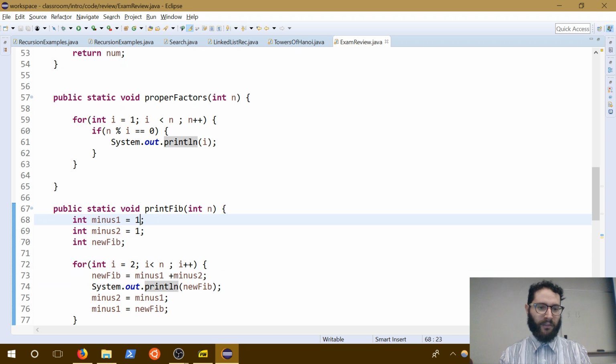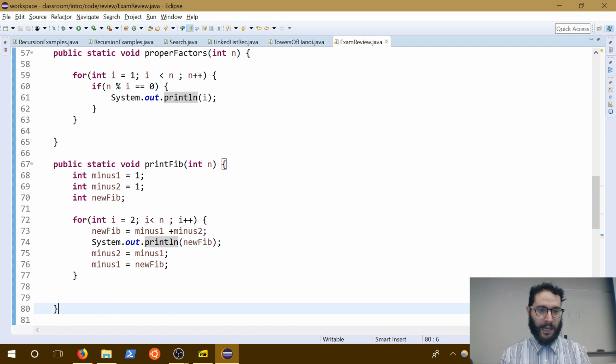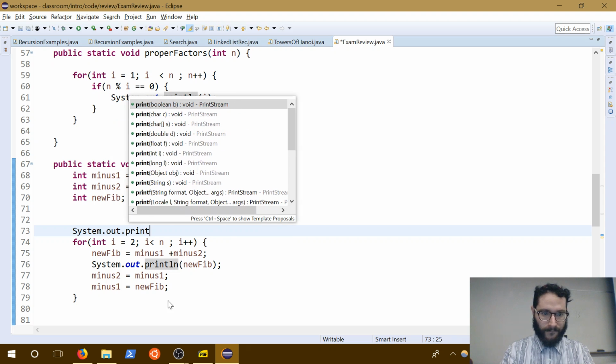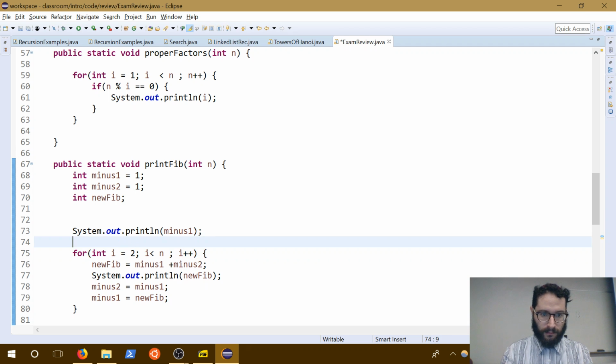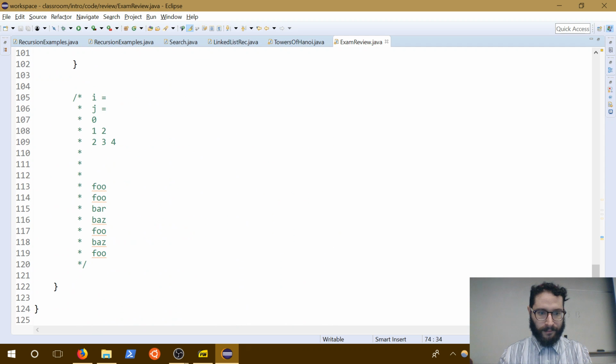The nth minus 1 Fibonacci number now is the nth minus 2 Fibonacci number, and the nth Fibonacci number is now the nth minus 1 Fibonacci number. So by doing that, we're able to shift this over with 3 variables.